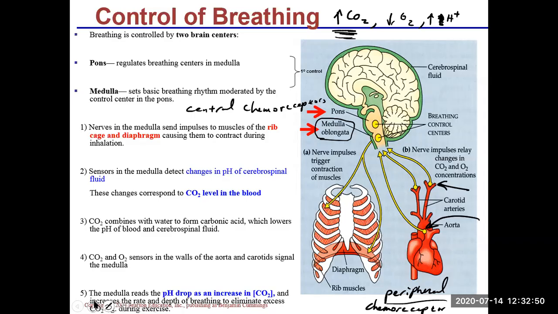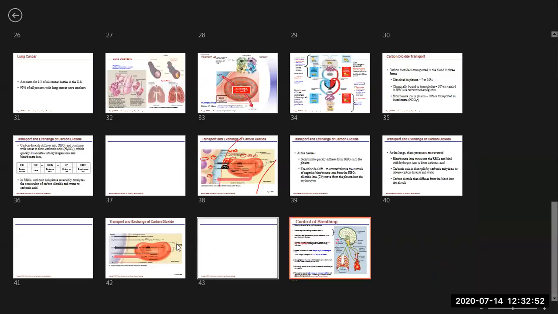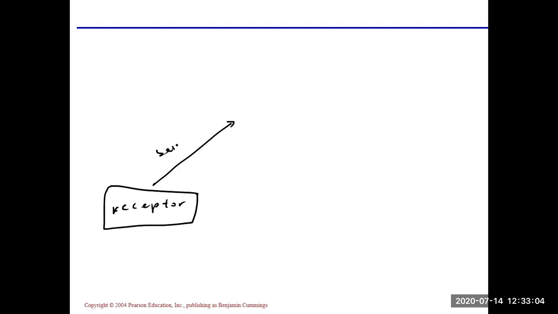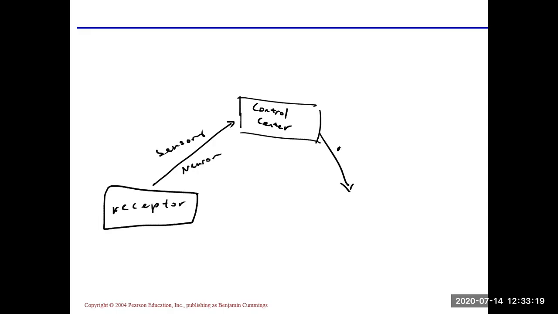Earlier in the semester, we discussed that you had a receptor, via the sensory neuron, you have the control center or central processor, and then you had the motor neuron, and then you had the effector.